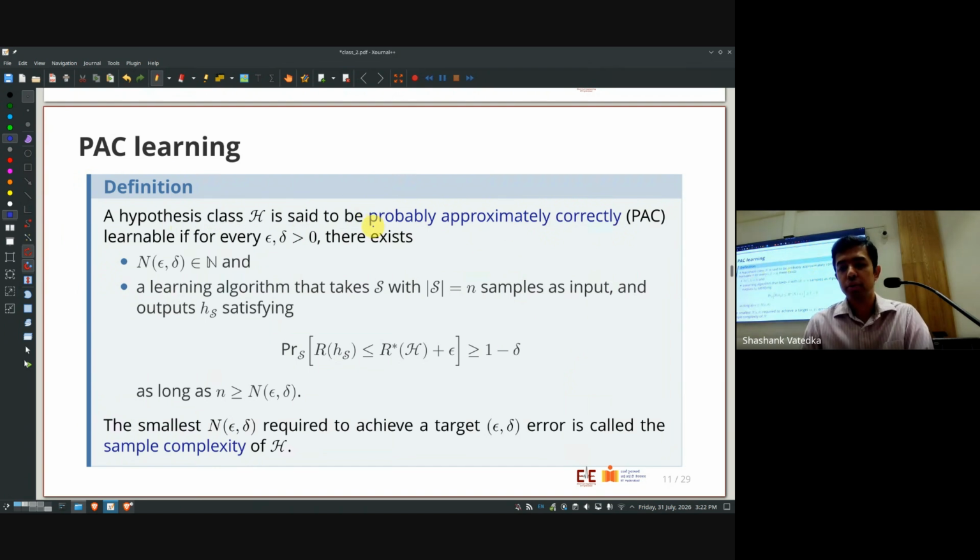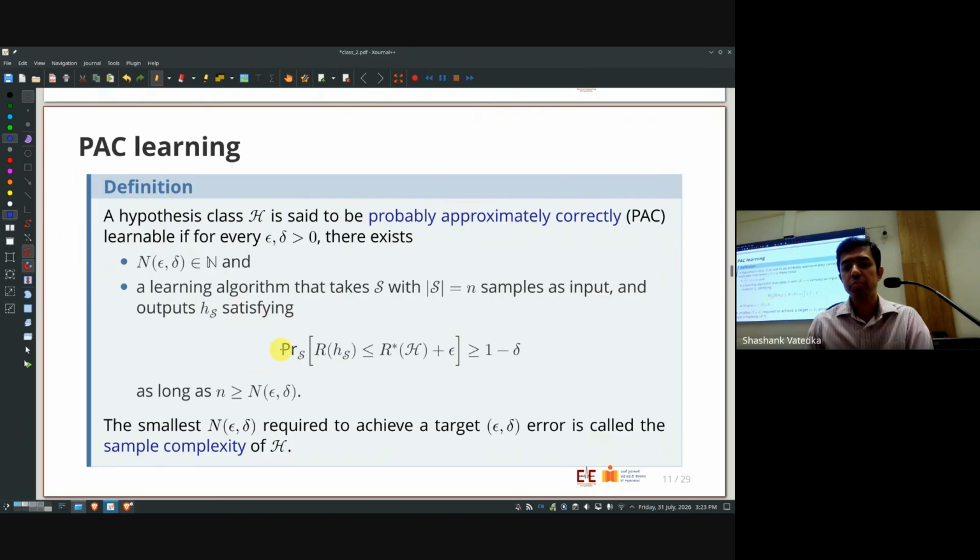The terminology that we'll use is probably approximately correctly learnable, if essentially what you can do is ensure that the predictor output by our learning algorithm is close to the best in the class with high probability, with high probability over the training data set because of the randomness in the data set.